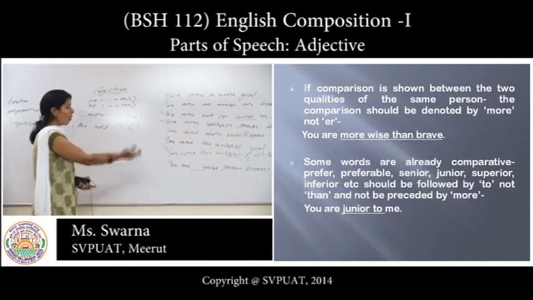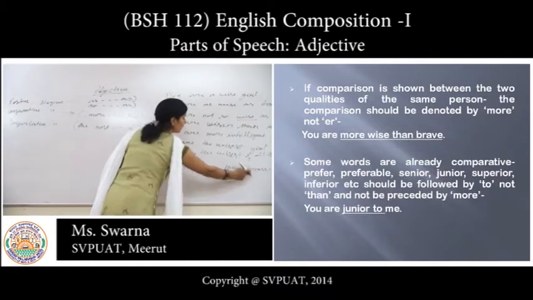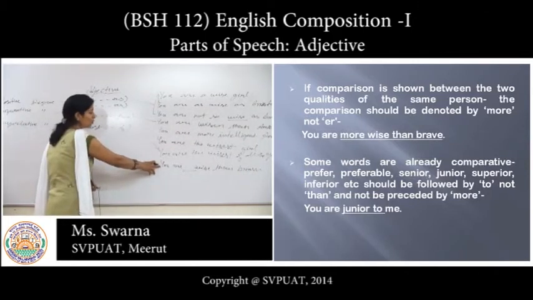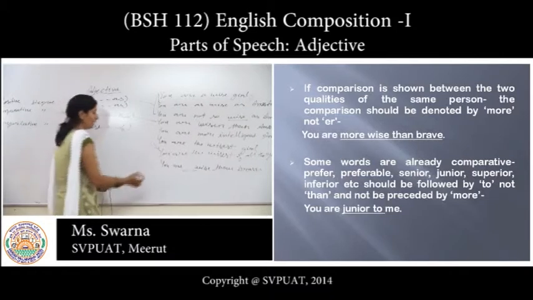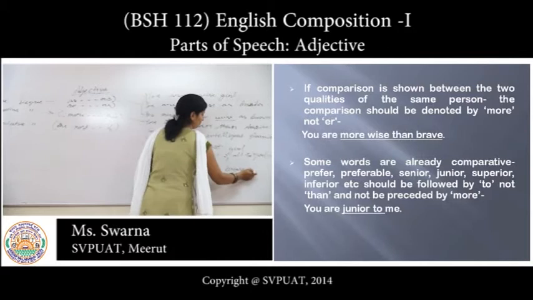Er in wise, or more? The comparison is between two qualities, wise and brave, of the same person, you. So we always use more, not er. Like, you are more wise than brave.